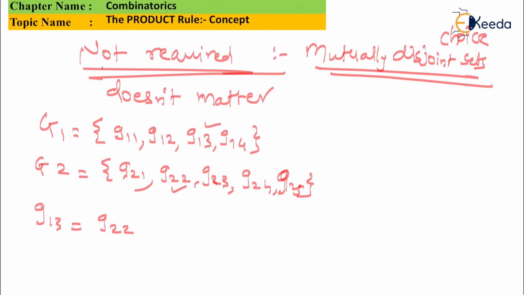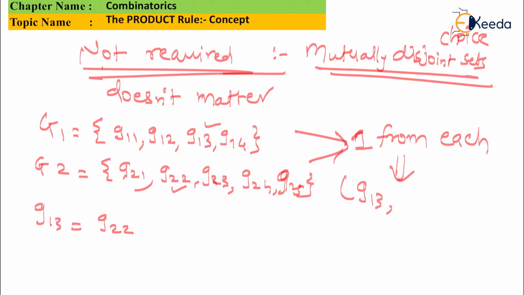How does it matter here? You are going to select one from each. So this time, if you have selected the third garment from the first shop and the second garment from the second shop, it is also a legitimate shopping pattern for you.